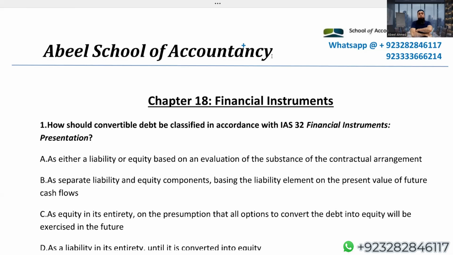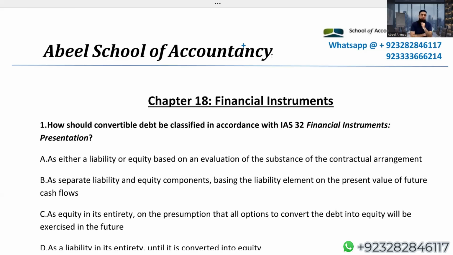Now let's talk about financial asset. There are a number of examples of financial asset. Financial asset is not only one thing. Cash is your financial asset. If you have a contractual right to receive cash, for example, your accounts receivable is your financial asset. If you have invested in XYZ company's shares, the equity instrument of another company is your financial asset. If you have invested in the debenture of any company, for you it is a financial asset.